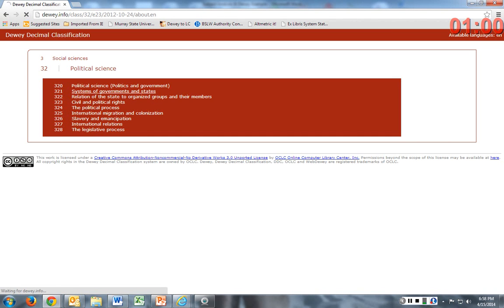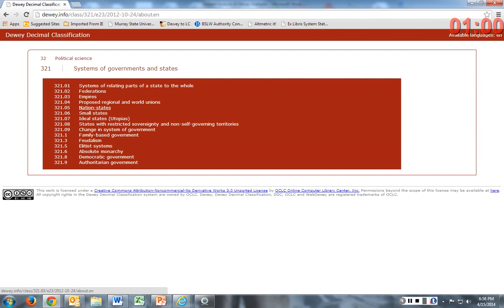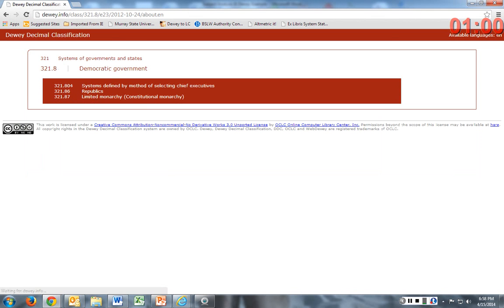What are systems of government and states? Well, we have a democratic government. Republics, monarchy. This is talking more about the government than about the Constitution.